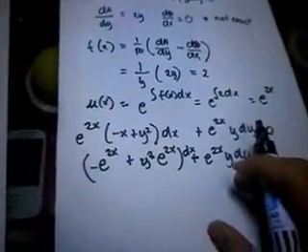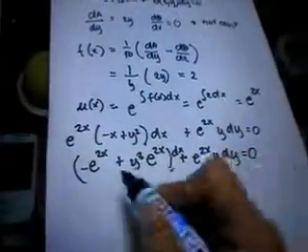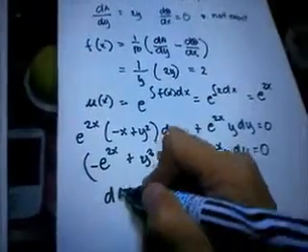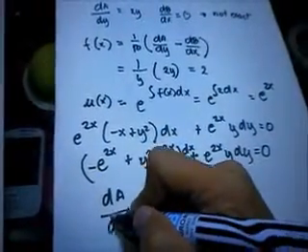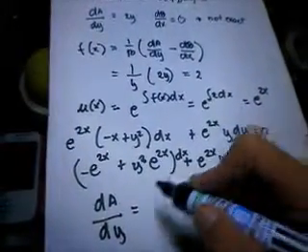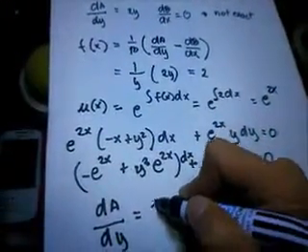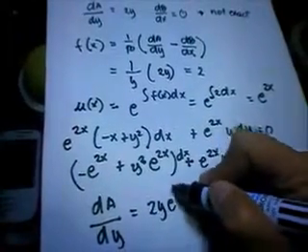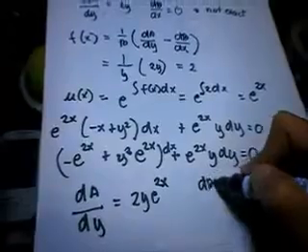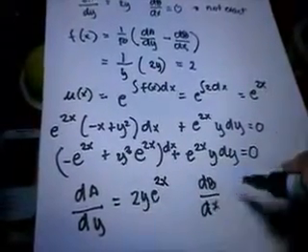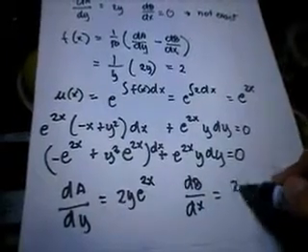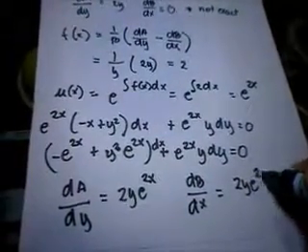Now we check if this is an exact equation by doing the same thing. dA dy is now equal to 2y e to the 2x, and dB dx is equal to 2y e to the 2x.